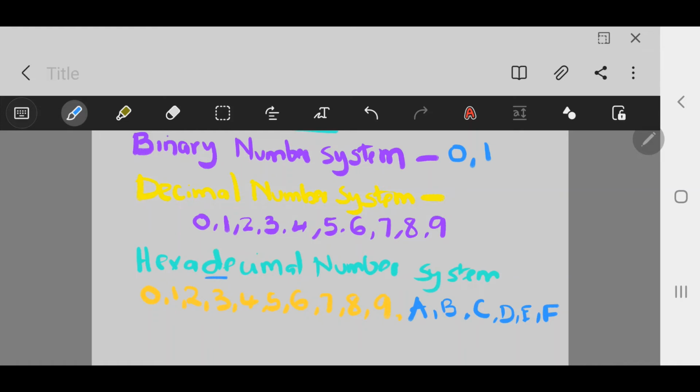You see, there is decimal here. Hexa means 6. Decimal, they are digits from 0 to 9. They are 10. Then we have hexa. We add 6 more digits, A, B, C, D, E, and F. And that makes the hexadecimal number system.